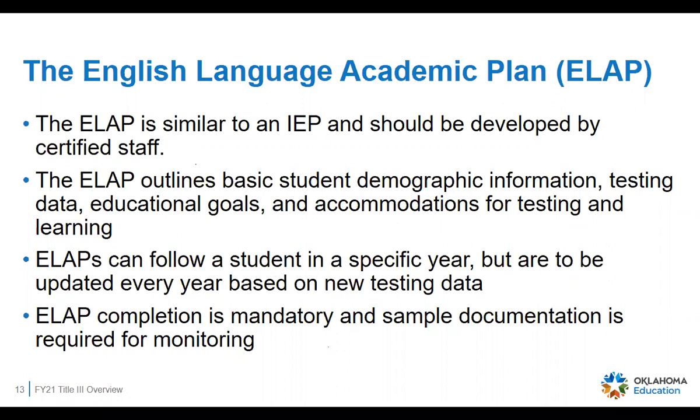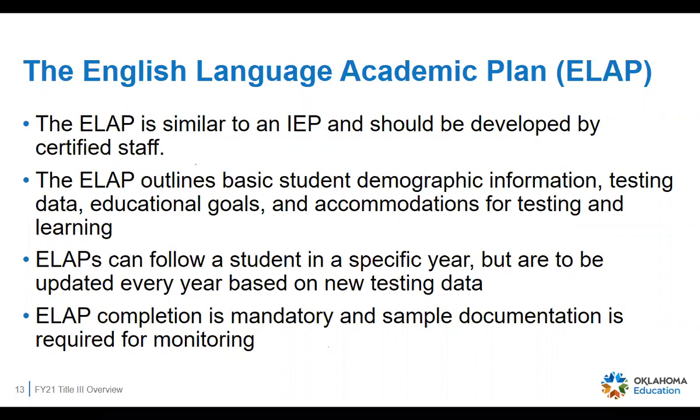The ELAP will follow a student in a specific year, but it should be updated every year based on new testing data. So each year you'll have testing data for the WIDA ACCESS test, and in all normal years, you'll have data for OSTP. So the ELAP will have to be updated on a yearly basis.